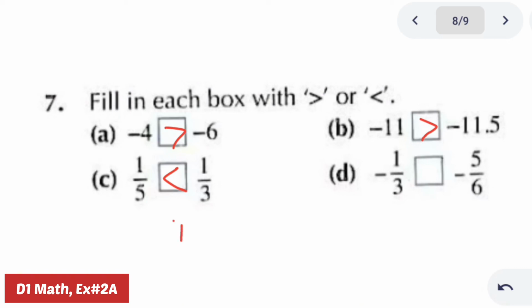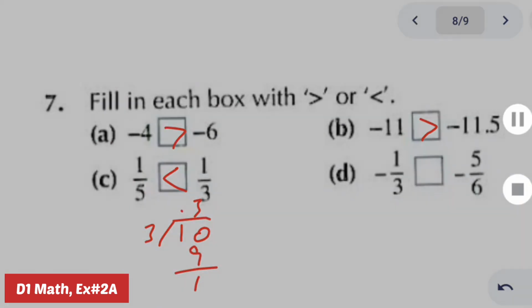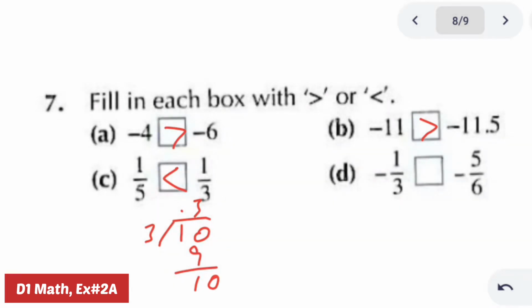So we have to divide 1 by 3 and put a point. 3 3s are 9, 1, again 0, and 3 3s are 9. And on the other side, 5 over 6.